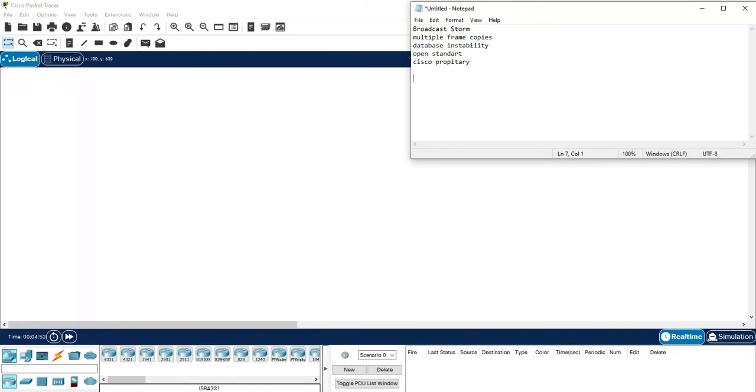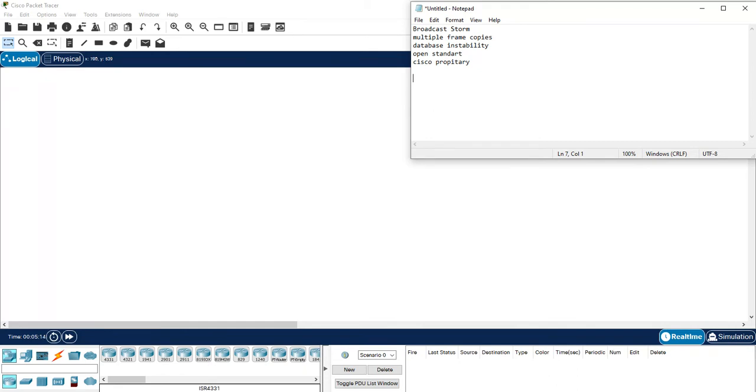Meanwhile, the switch that has the higher priority or MAC address is blocking its port. On a switch, there is a port called the root port, the designated port, or the blocking port.